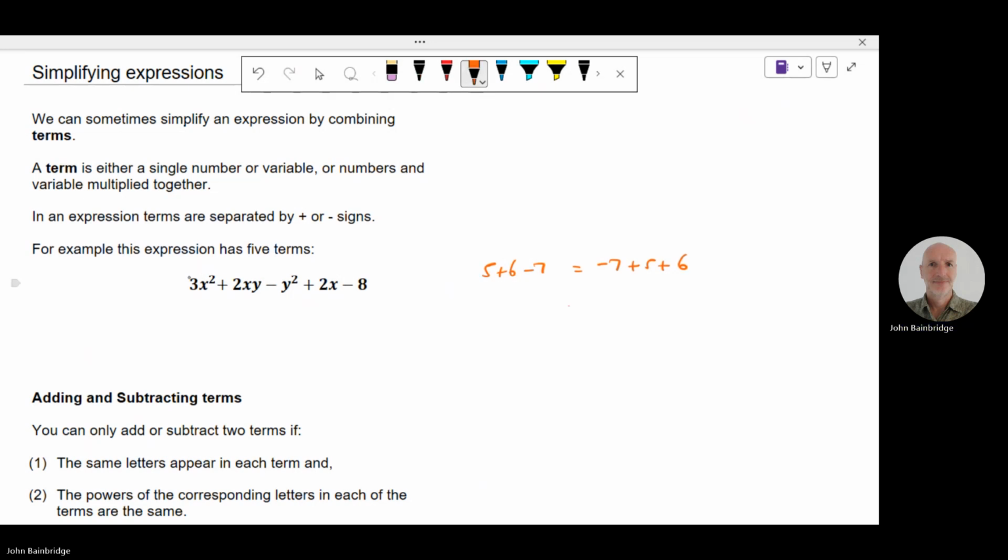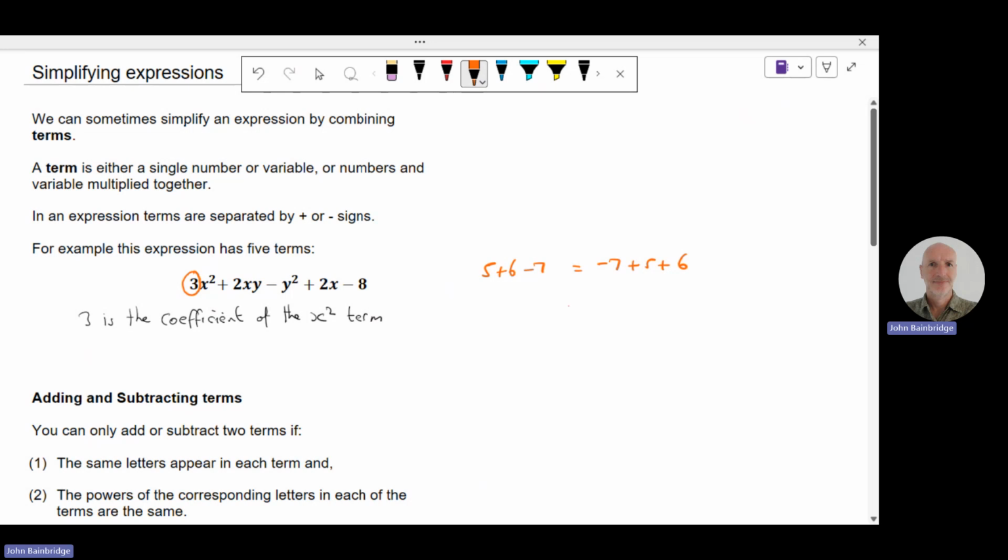Now, this 3 here, which is in front of some letters, x squared, we call that the coefficient. So we can say that 3 is the coefficient of, and we usually say the x squared term. So 3 is the coefficient of the x squared term.